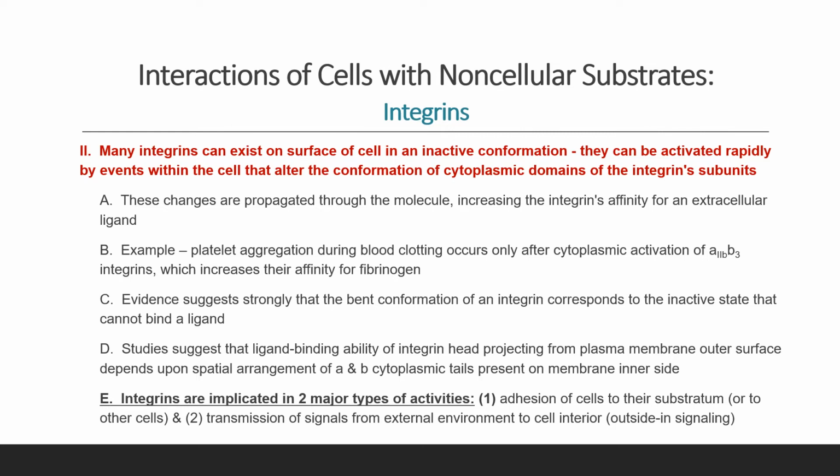Integrins are implicated in two major types of activities. The first is the adhesion of cells to their substratum or to other cells. The second is the transmission of signals from the external environment to the cell interior, or outside-in signaling.